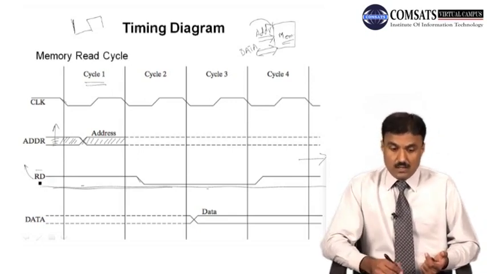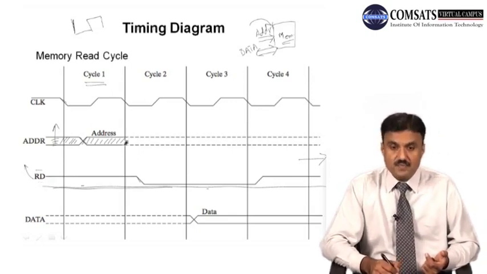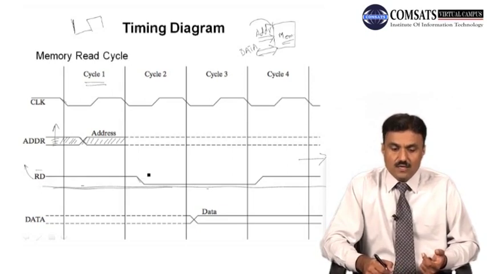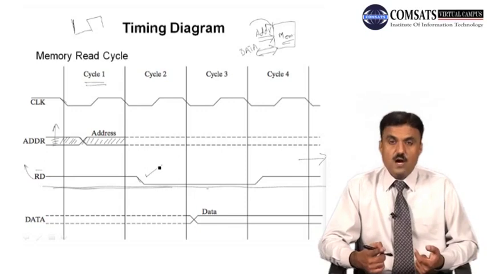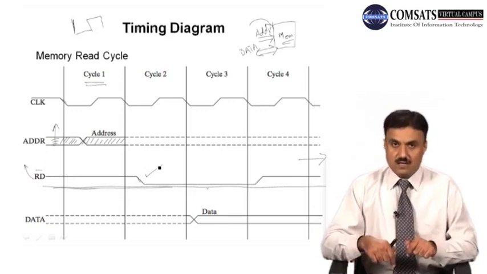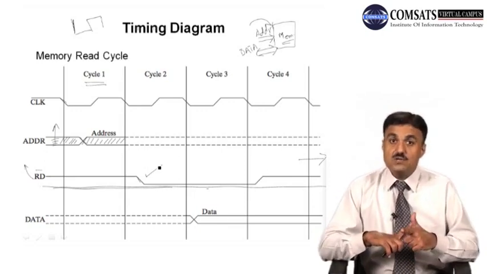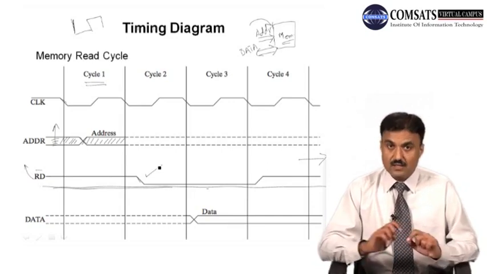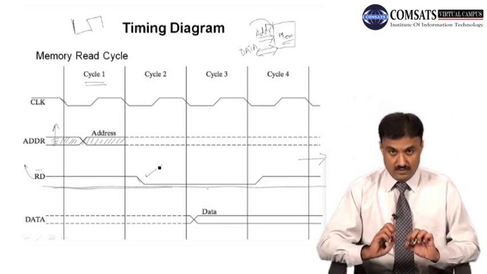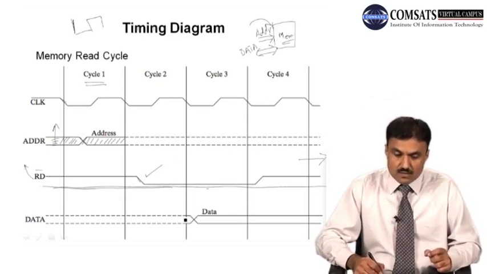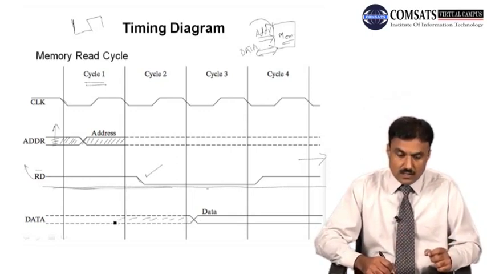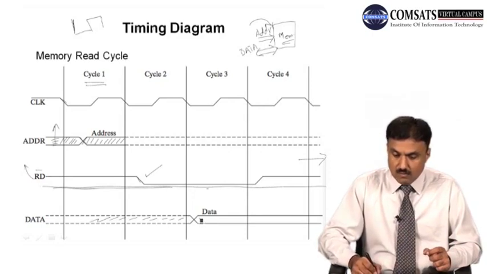Now in the first cycle we put the address, and in the second cycle we say now read. The read operation is not performed in the second cycle; we just send the control signal in the second cycle that now perform read. So this is the control signal. Now you can see that whatever data was previously on the data lines, new data will be updated in the third cycle.